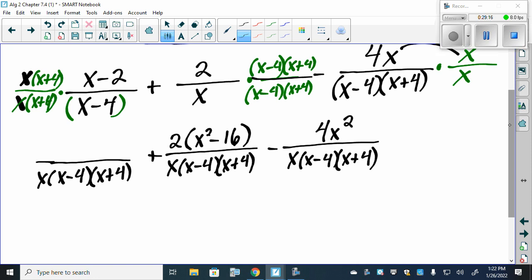Well, let's go on and multiply the x with the x and 4. Well, x times x would give us x squared plus 4x times our x minus 2.